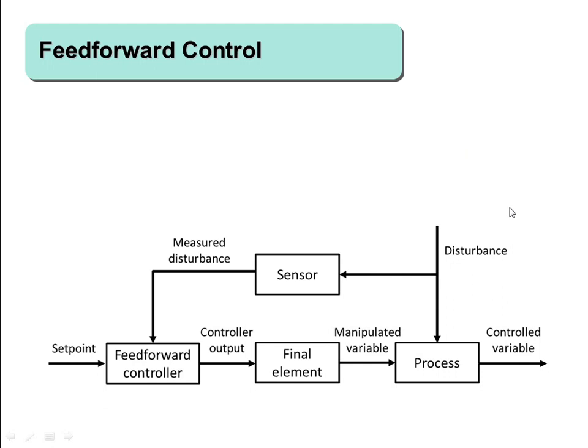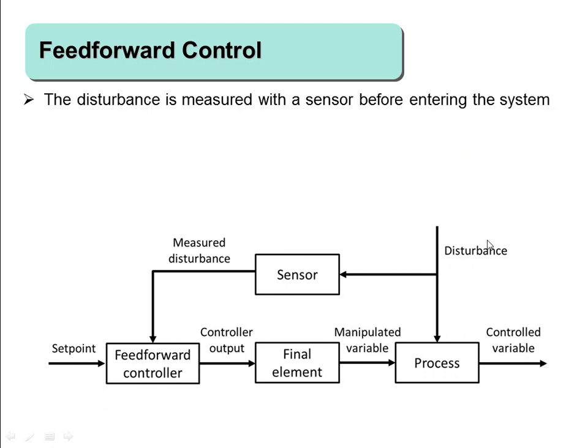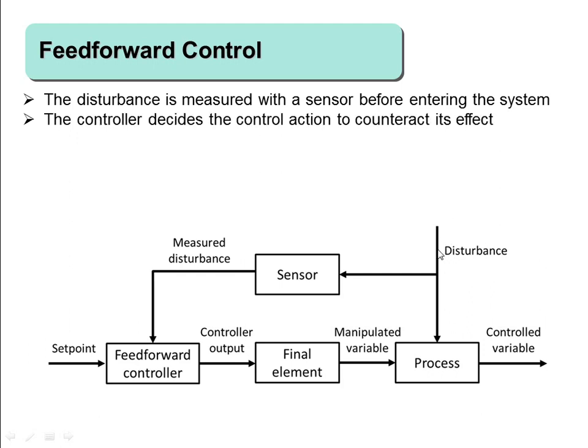On the other hand, in feedforward control, the idea is very different. In this case, we are not measuring the controlled variable. We are measuring the disturbance with a sensor before it enters the system. Then, with this sensor and with the set point of the controlled variable, the feedforward controller decides the action to counteract its effect.